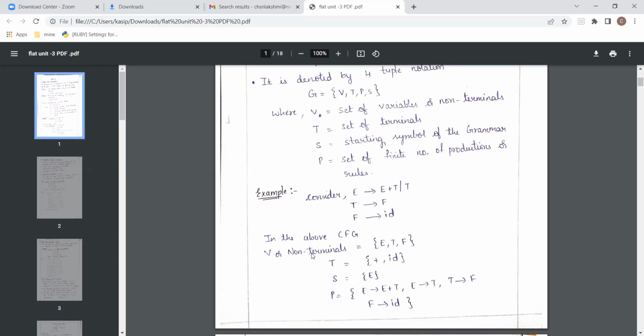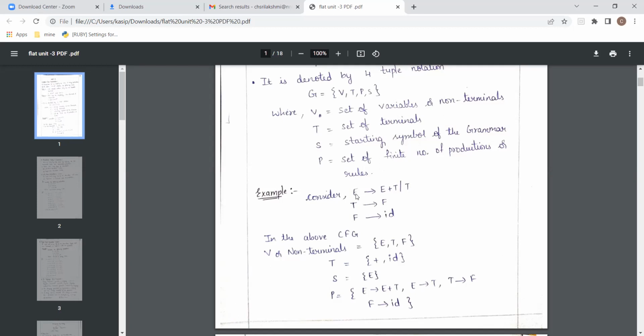First let me take V. What is meant by V? It is the set of non-terminals. I told you that alpha tends to beta in a context-free grammar means alpha is the LHS, and LHS is the set of non-terminals.